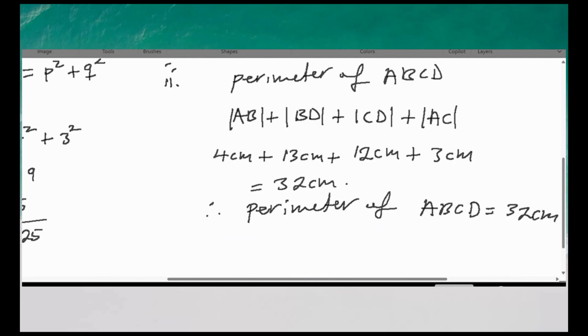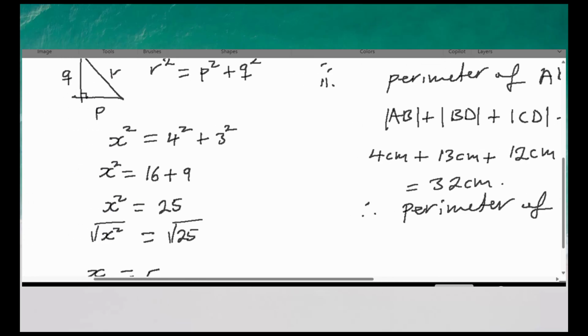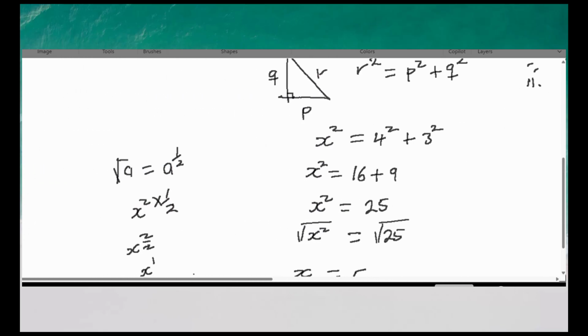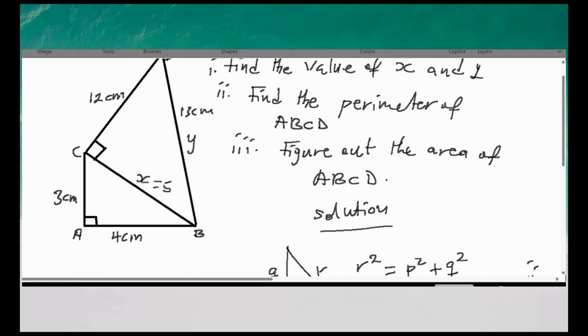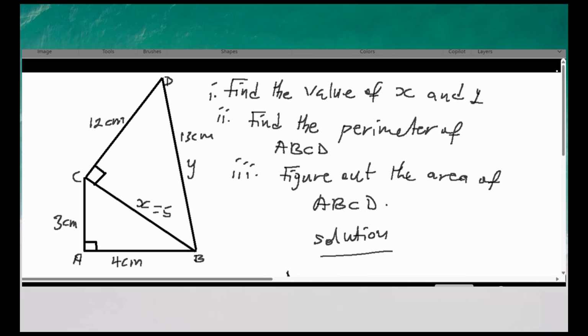Now let us look at the last one, which is the area. Figure out the area of ABCD. Now, you know, this one is a composite figure because we have two triangles, right? ABC is a triangle, BCD is also a triangle. So we're going to find the area of triangle ABC.